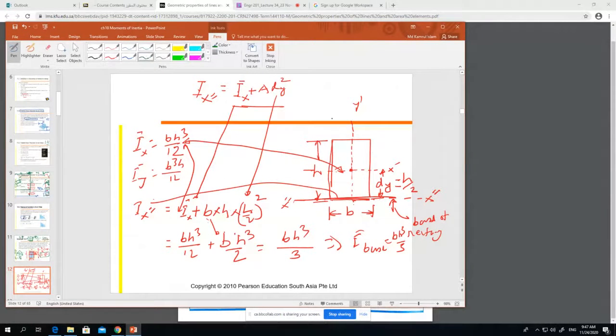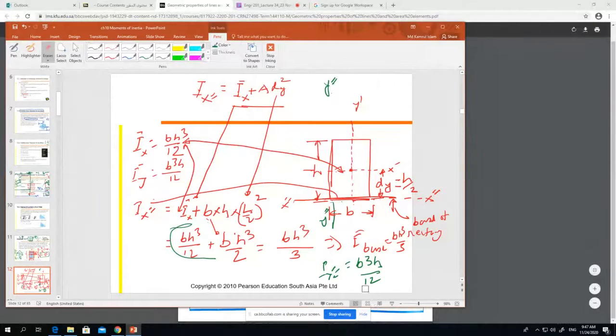Similarly, if we take the other side as the base, and select Iy double prime, the calculation is similar and it will be B cube H by 3. Sorry, it changes to 3.